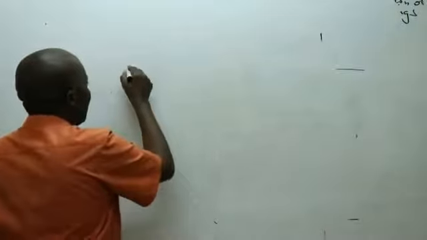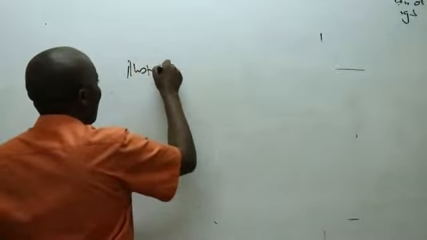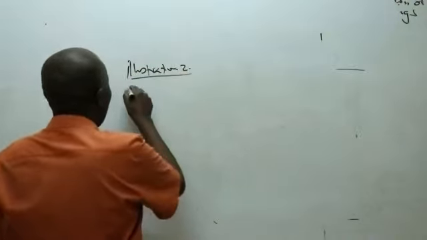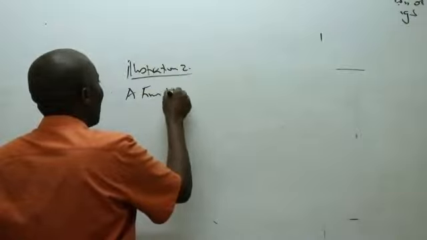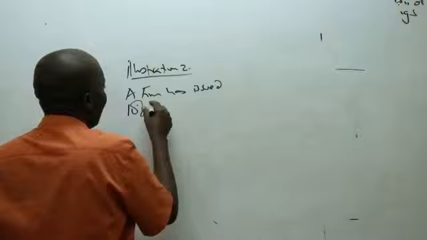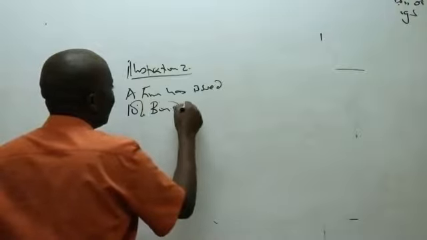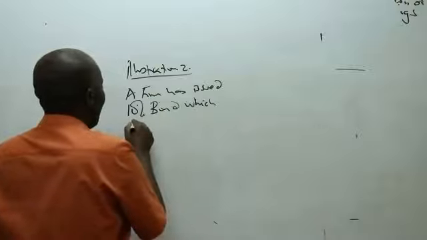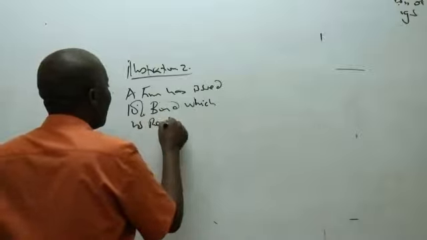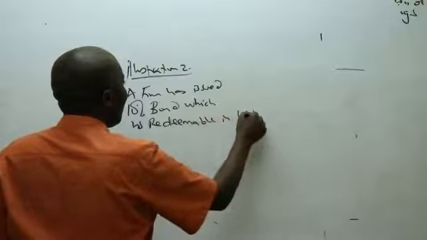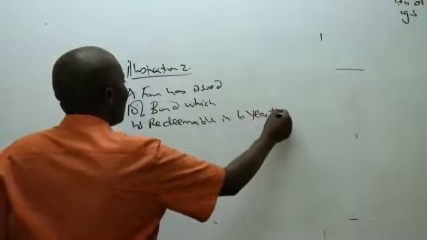So we have here illustration 2. They have given us a firm that has issued a 10% bond, which is redeemable in 6 years' time.